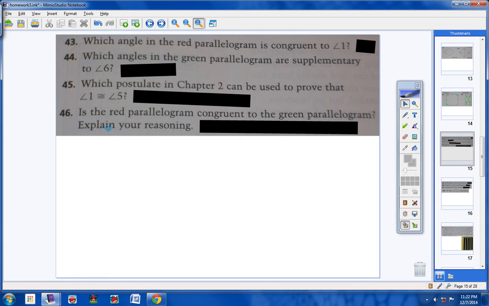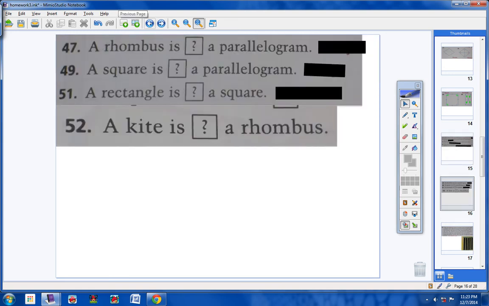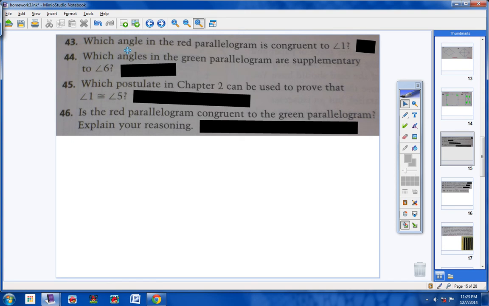Number 43. And do we have a picture of this or not? We don't, do we? Oh, boy, I should have had a picture. Okay, well, I'm going to try to draw it for you down here. I apologize, guys. Okay, here we go. Here's the stairs right here.